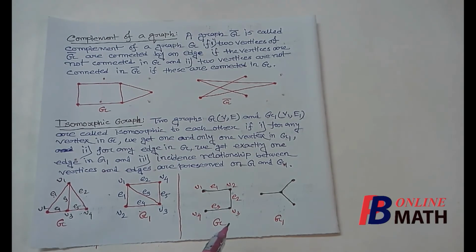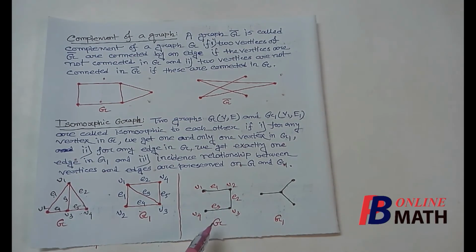Next, let us check whether the incidence relationship between the vertices and the edges is preserved or not. Now if we find the degrees of the vertices of G, then we find that the degrees are 1, 2, 2, 1. Now for the graph G1, we find that the degrees of the vertices are 1, 1, 1 and 3. So in G1, there is one vertex having degree 3.